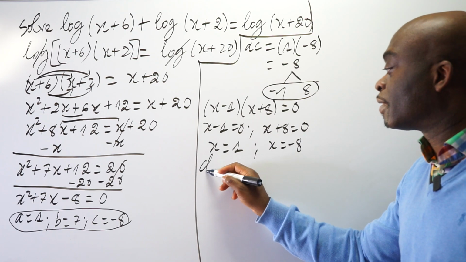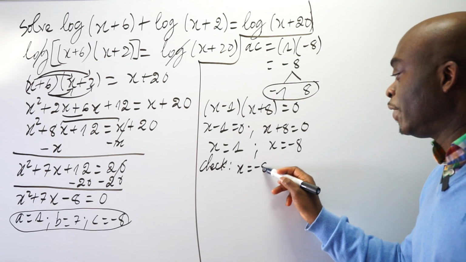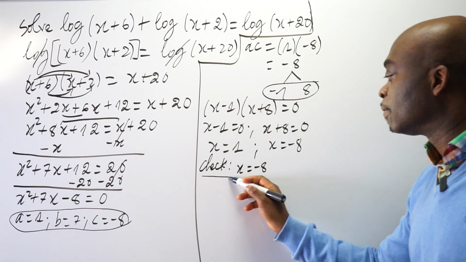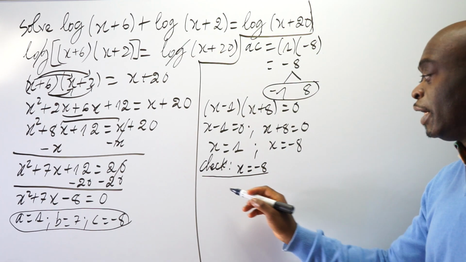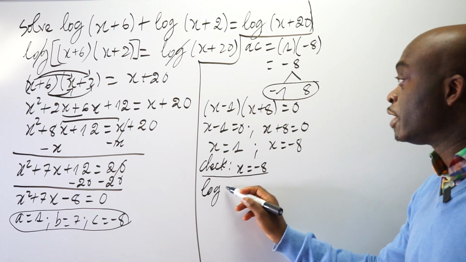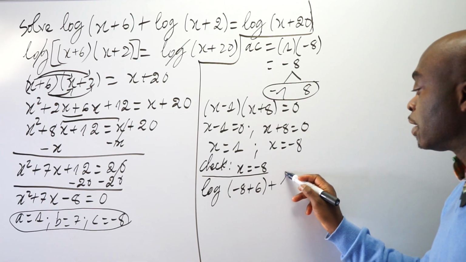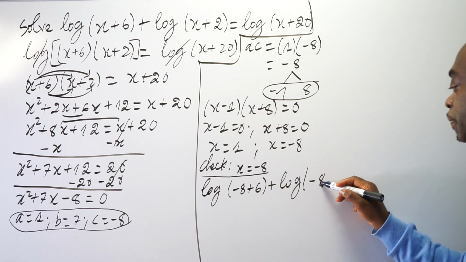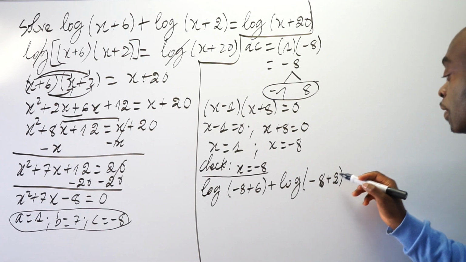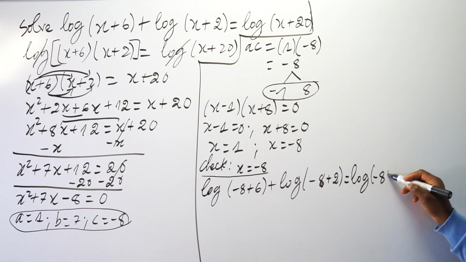Let's say we check when x equals negative 8. We go back to the original equation and plug negative 8 in there. So it's log of negative 8 plus 6, plus log of negative 8 plus 2, equals log of negative 8 plus 20.